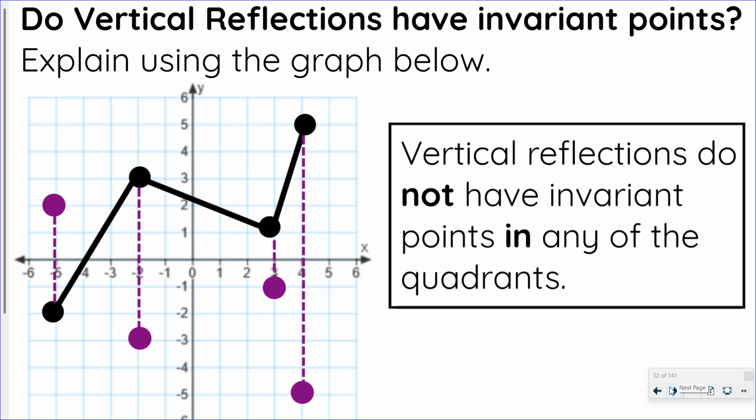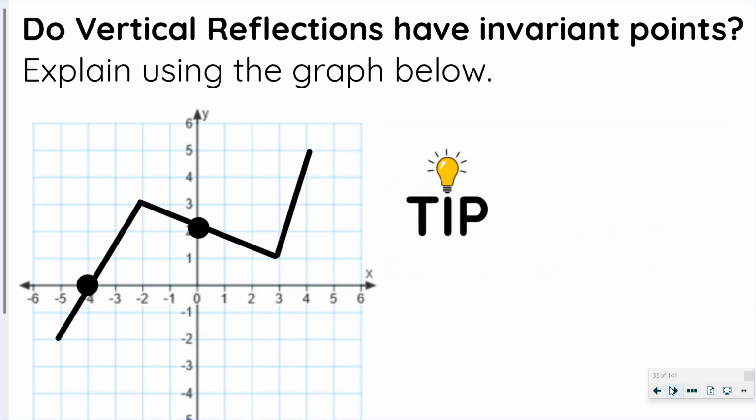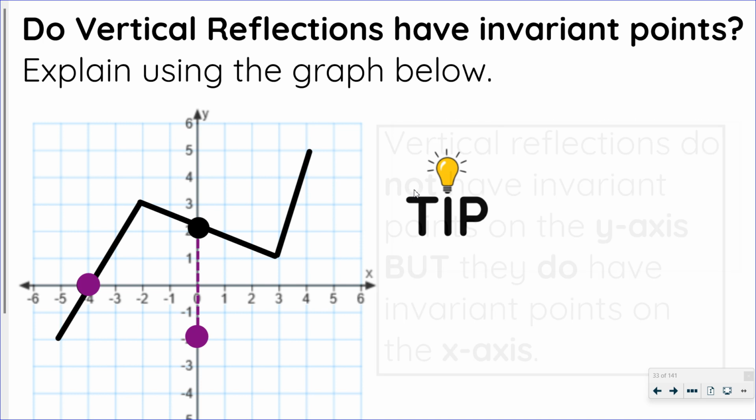Let's look at what happens when it's on one of the axes, x and y. For a vertical reflection, for example, this y-intercept, I can see that it starts 2 units above, and when I reflect it, it's now 2 units below. If I look at the x-intercept, it is on the line of reflection. It is 0 units away from the x-axis, so it will stay exactly where it is.